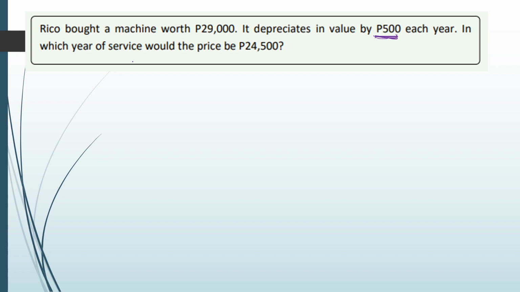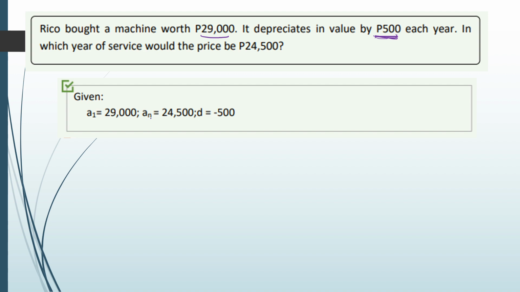So in which year of service would the price be 24,500? Here we have the first term, 29,000, and the common difference is 500. This is a particular price for a specific year, so we have to look for that n, which is the number of years, or the position n.